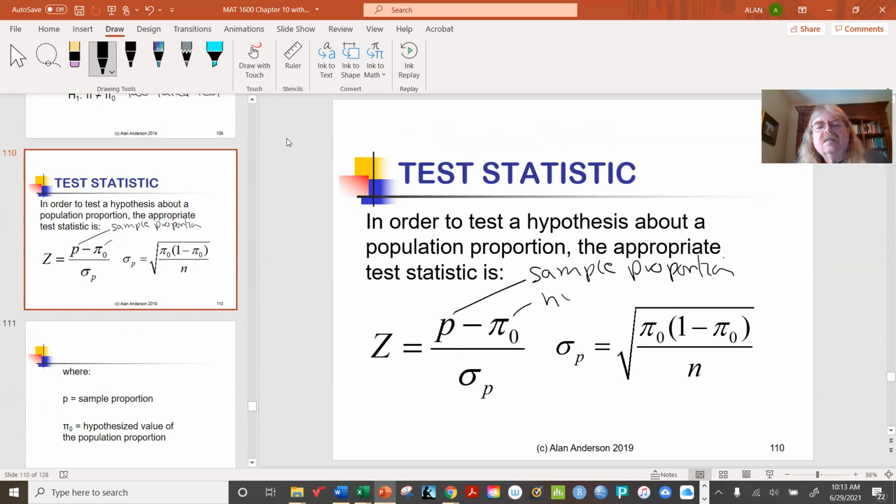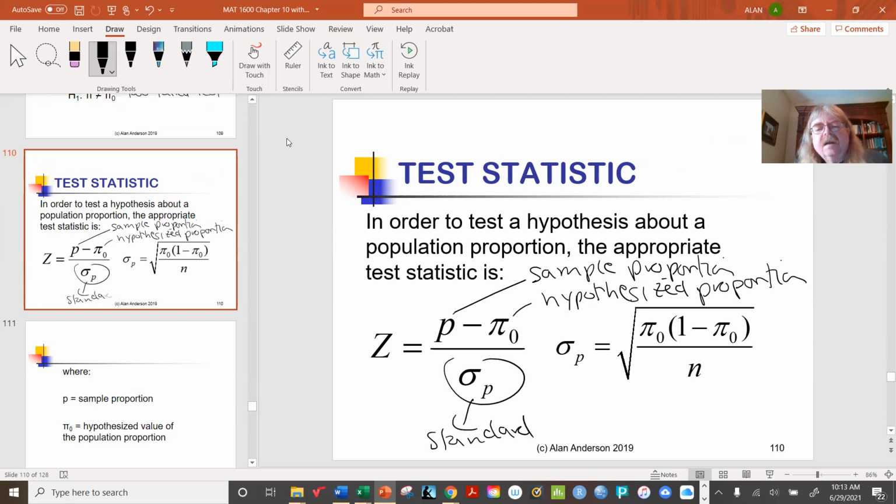This is the hypothesized proportion. This is the standard error of p. So the formula is a little messy, so I wrote it separately, but this is how we did all of the others as well. We've got the sample version, the hypothesized version, divided by the standard error. That's our test statistic for the proportions.